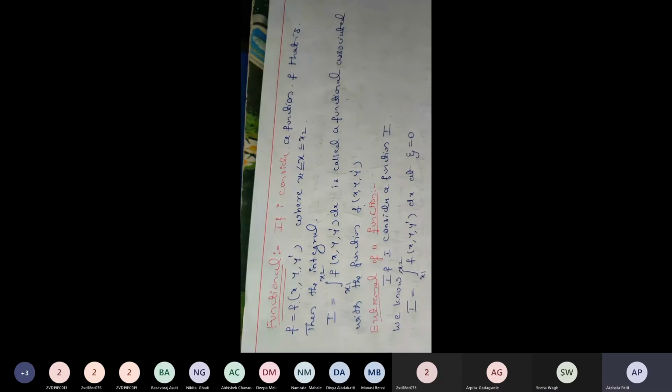If I consider a function capital I, usually the functional is denoted by capital I, and we know capital I equals the integration over x1 to x2 of f of x comma y dash into dx at epsilon equals 0.